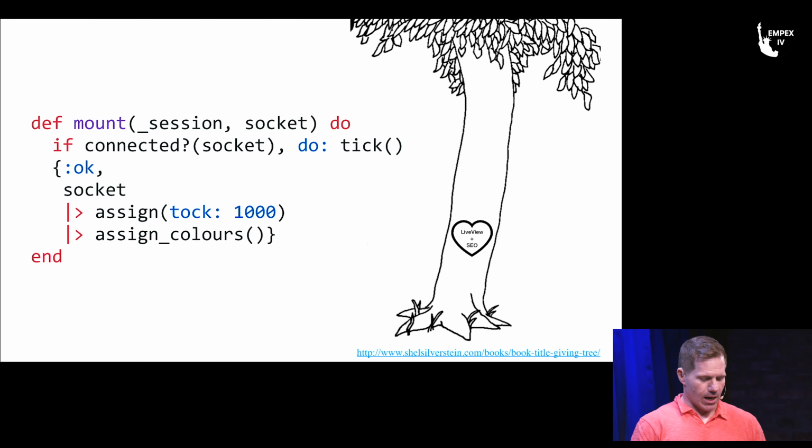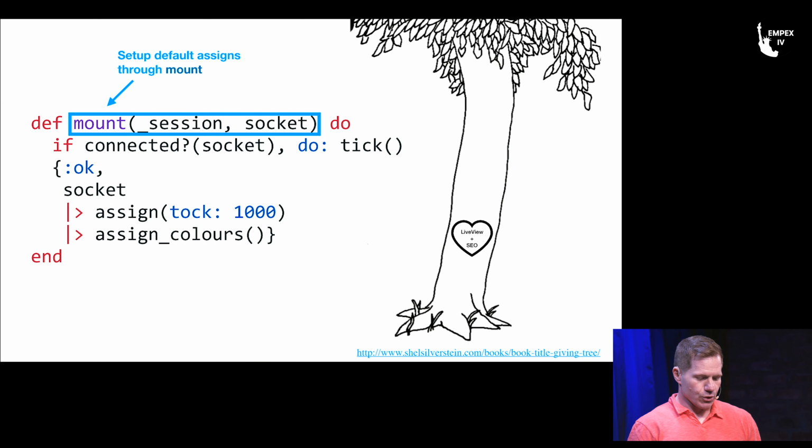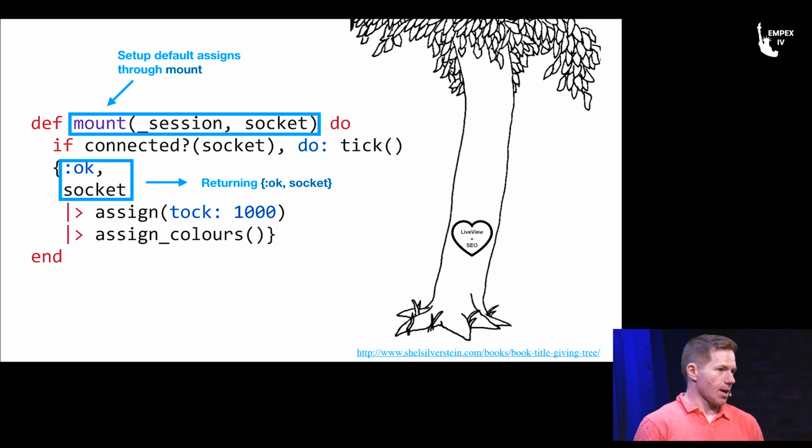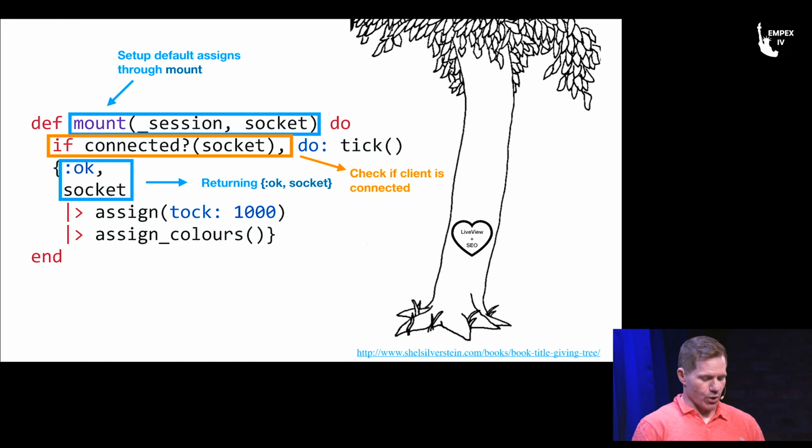Super high level. The main important thing is you need to mount your view. So you're going to have some default session you could pass in, and then it's a tuple responding OK or socket. It is going to do it twice, which we'll see in a moment. So you can actually ask, hey, is the client set up? And if you're not set up, you still get the plain vanilla HTML.